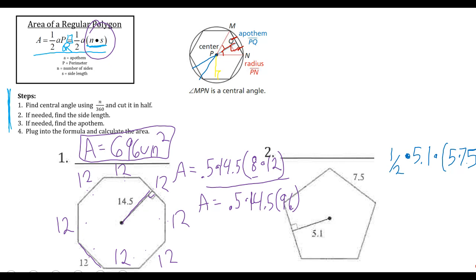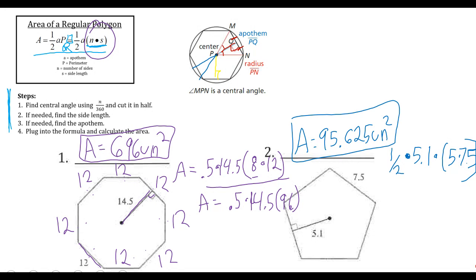So then you multiply all that stuff together. I got area equals 95.625 units squared. And that is what we have for this little lesson here.